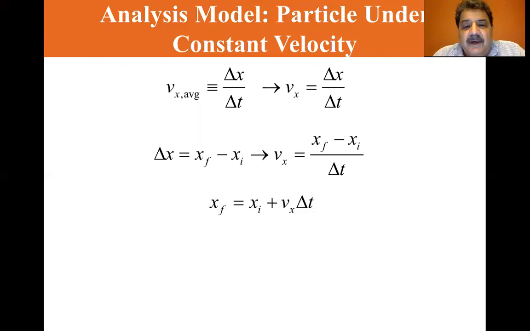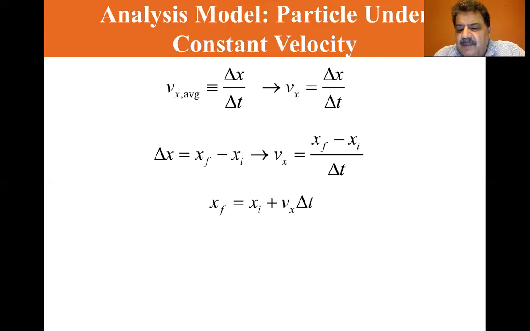Then, if we solve for x final, the position of the particle is given by the sum of original position x sub i at time t equals 0 plus displacement Vx delta t that occurs during the time interval delta t.